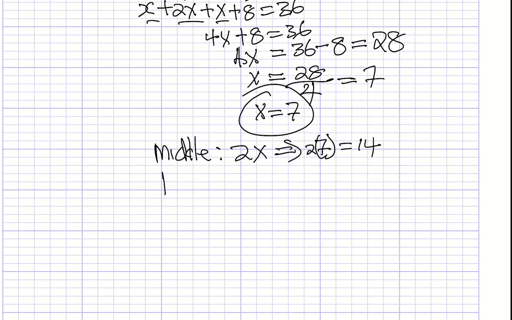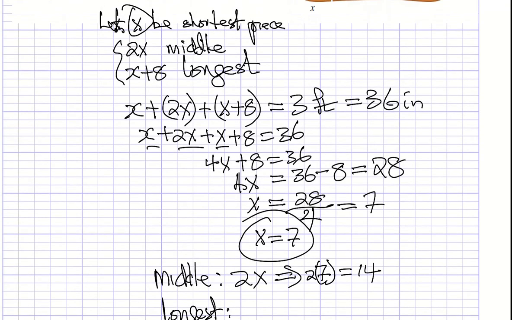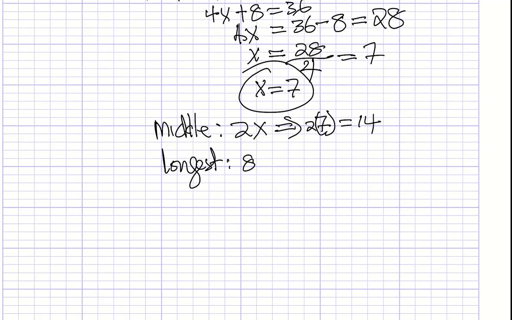The longest piece is x plus 8, given that x is 7, that means 7 plus 8, which equals 15. You see that? That's what we did.